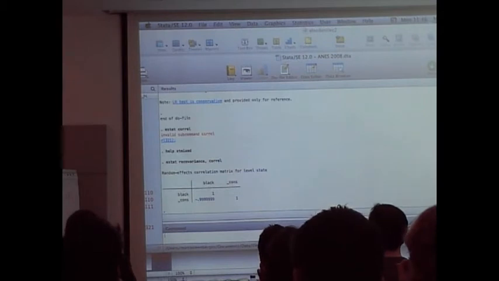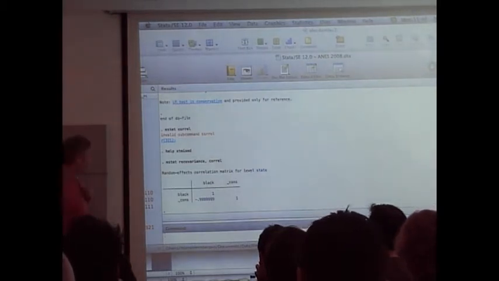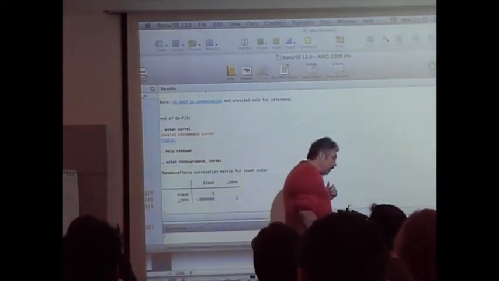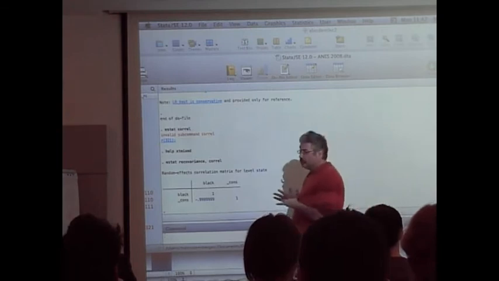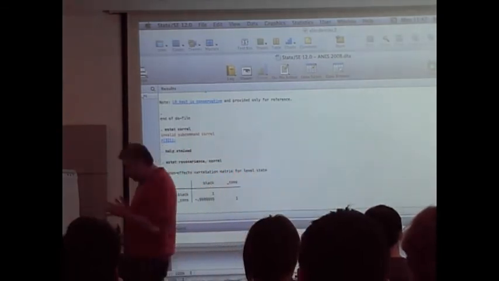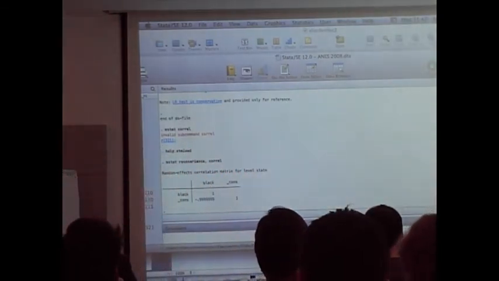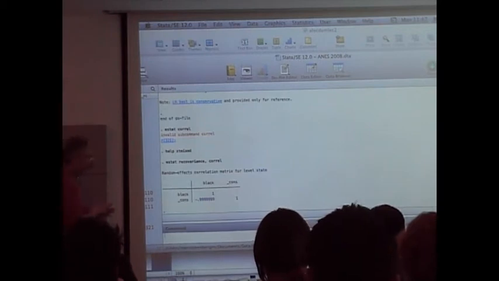And I do this correlation option just to see what is going on. In this case, I then decided, okay, I don't think it's identified. In theory, it's identified. We have enough level 2 units in theory, but in practice it's not. And so this is the kind of thing you want to do.